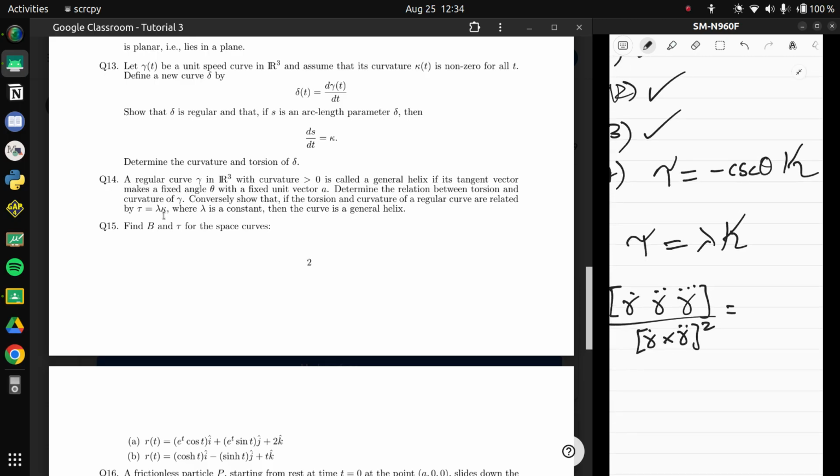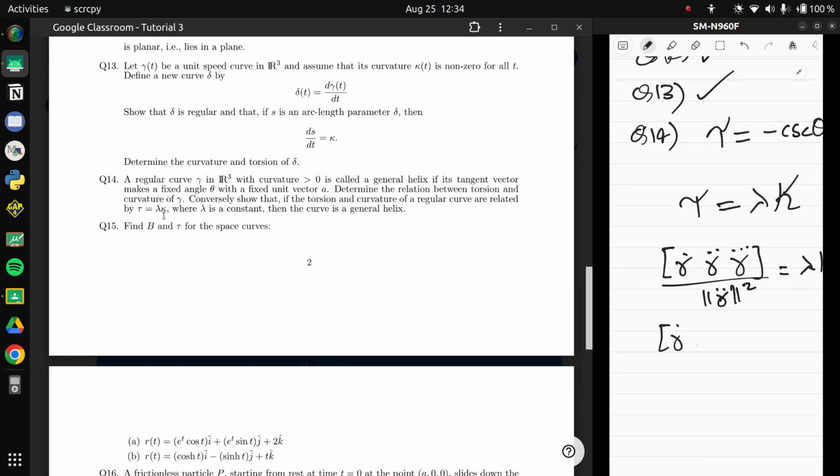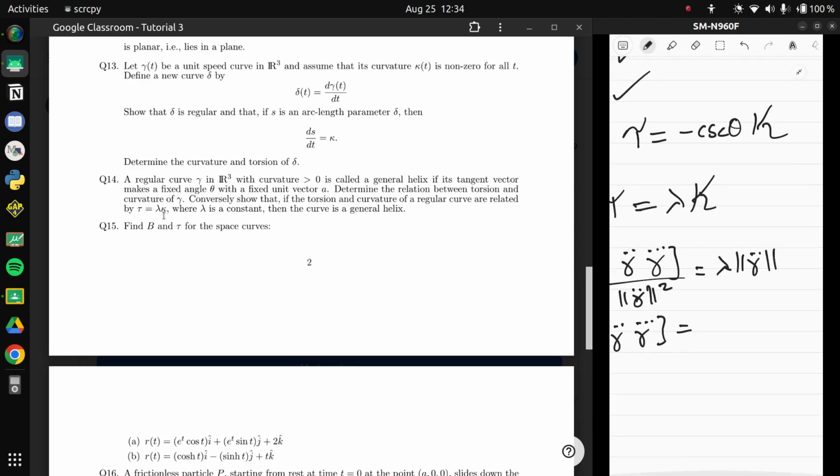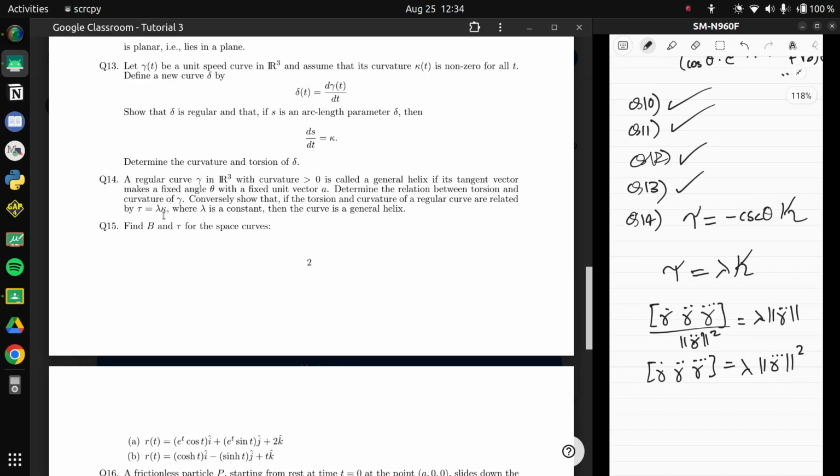These will be perpendicular in any case, so I'm just going to say gamma double dot squared. Kappa is just this. So what you're saying is something like this. Okay, amazing.